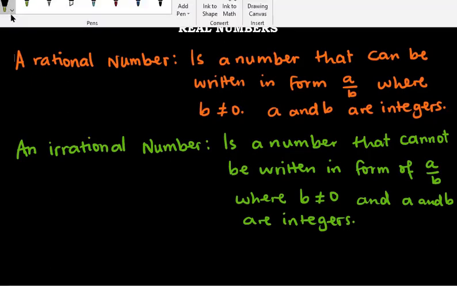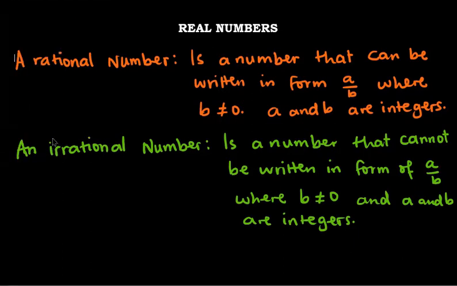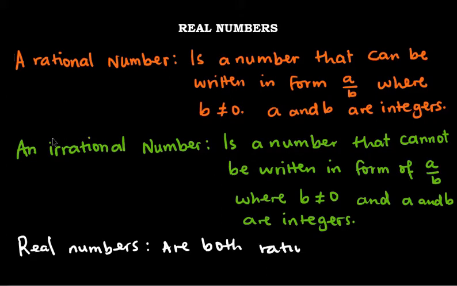Let's also indicate that because it's a very important point. We can say that real numbers are both rational and irrational numbers.